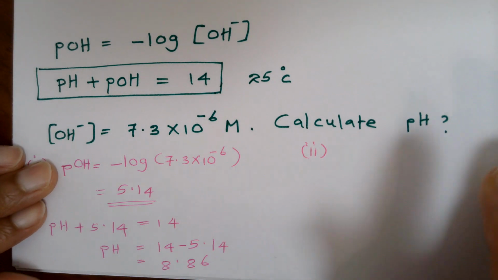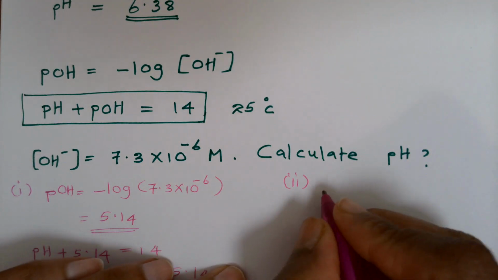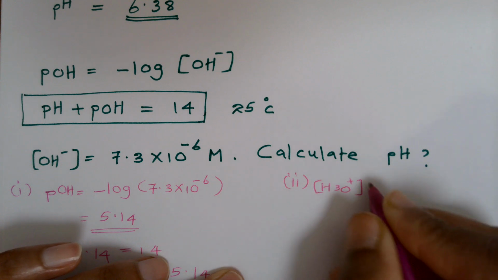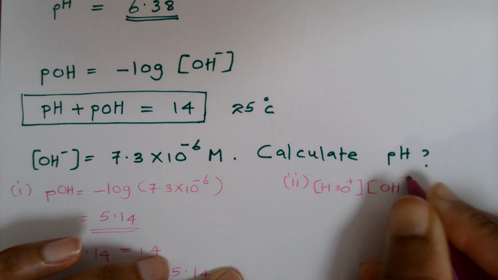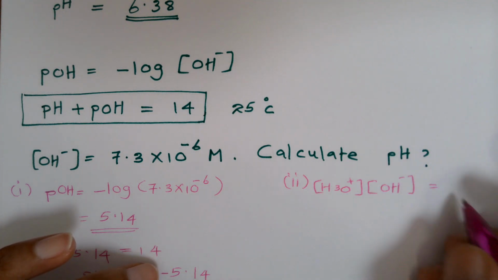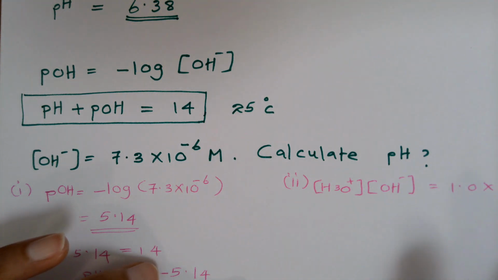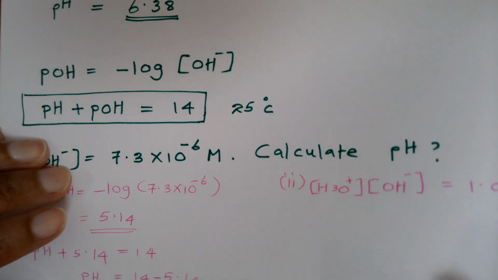I'm going to calculate the H3O+ concentration. The H3O+ concentration times the OH- concentration is equal to 1.0 times 10 to the negative 14. This is valid at 25 degrees Celsius.